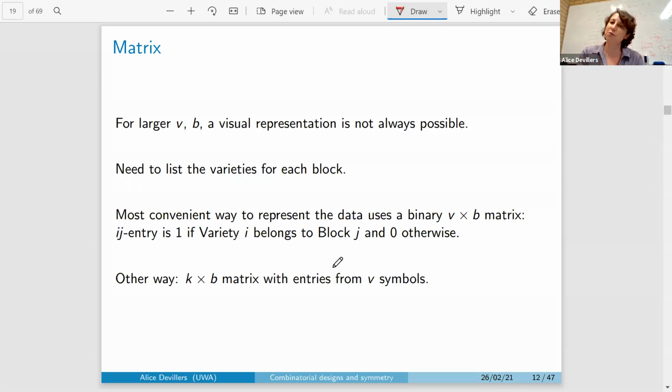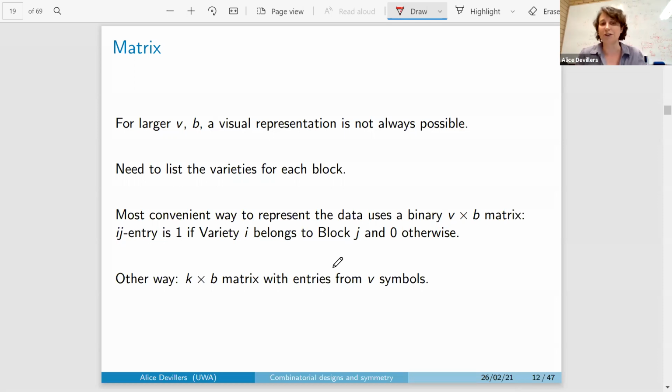So the rows represent the varieties, and the columns represent the blocks or the farms, and then you have a 1 if the variety I belongs to block J, and otherwise 0. If you want to do anything with a computer, that's probably what you would use. It's called the incidence matrix.